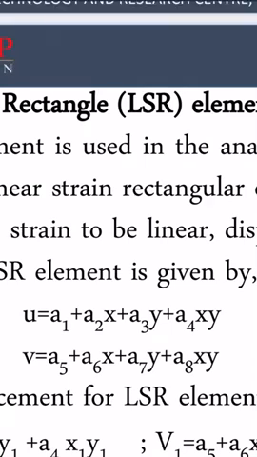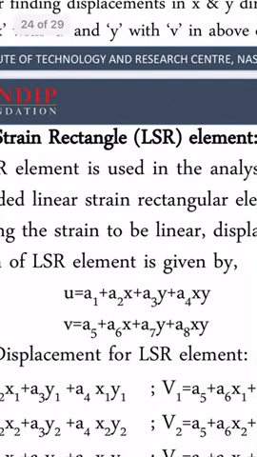The a2x and a3y terms are added to satisfy the constant strain requirement. Similarly, v can be written as a5 plus a6x plus a7y plus a8xy. In this way you can write the generalized displacement functions u and v.